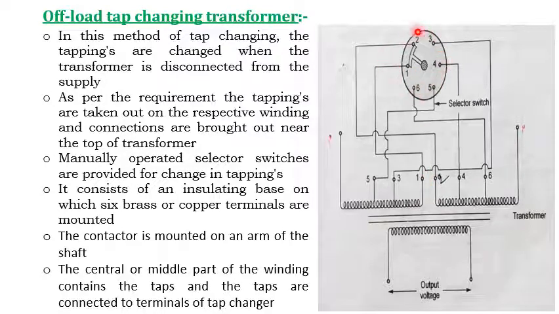This is the tap changer. So these are all connected to the terminals of the tap changer. These are the tap changer terminals 1, 2, 3, 4, 5 and 6. One point of the winding is connected to one terminal of the tap changer.